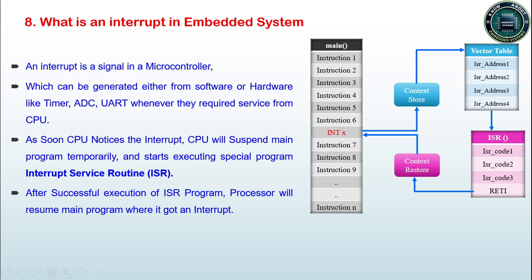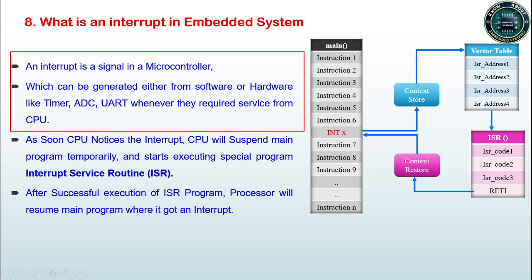So this is the definition of an interrupt. Interrupt is nothing but a signal generated either from software or from hardware, for example ADC, timer, UART, whenever they require a service from the CPU. That means whenever ADC, timer or software requires a service, they will send a signal. That signal is called an interrupt to the CPU.